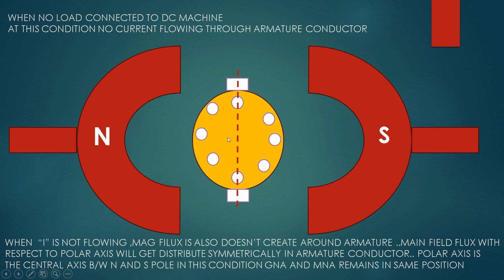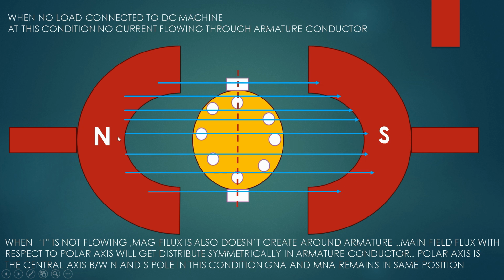The main field flux with respect to the polar axis will be distributed symmetrically in the armature conductor. Here the polar axis is the central axis between north and south pole.